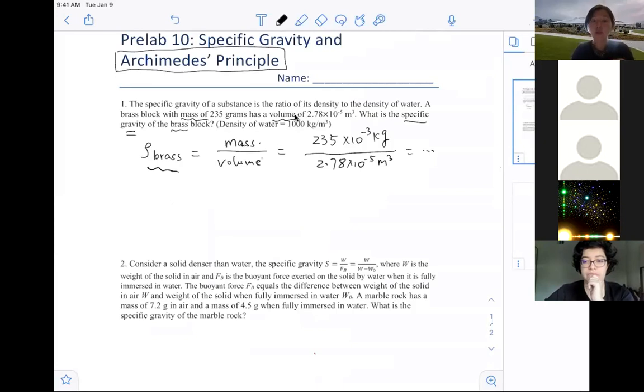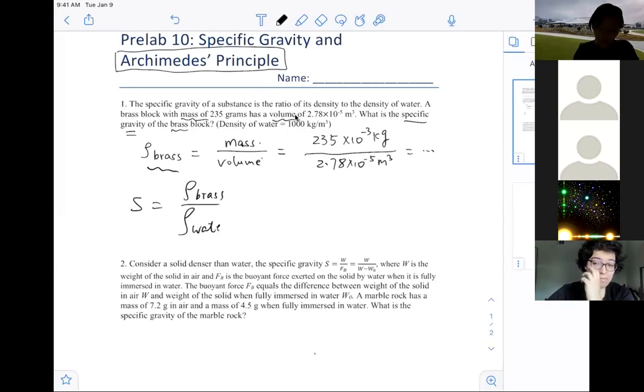For the same object, if you use a smaller mass divided by a smaller volume, you'll get the same number as if you had used a bigger mass of the object divided by the bigger volume, because it's essentially still the same material. The material has the same density, no matter if you take a small chunk of it or a big chunk of it. So once you get the density of the brass, divide that by the density of the water, you get the specific gravity. That's it, right?